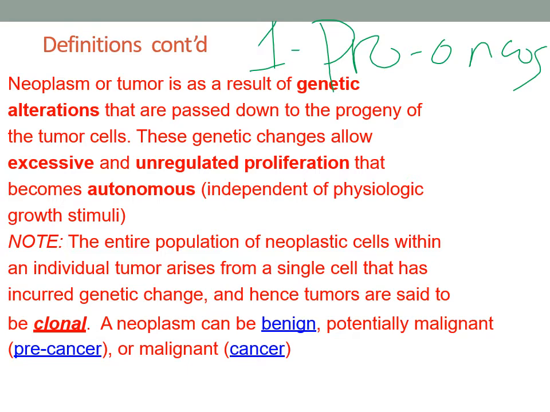We call them pro-oncogene because mutation in this gene leads to excessive proliferation of the cell, leading to neoplasia. Neoplasia, again, is tumor, oncogenic. That's why we say pro-oncogene, meaning when we stimulate this gene abnormally, they will lead to excessive proliferation of cells, leading to neoplasia.